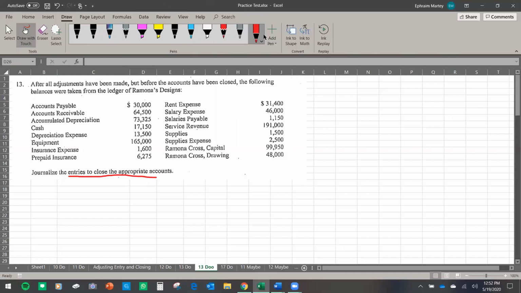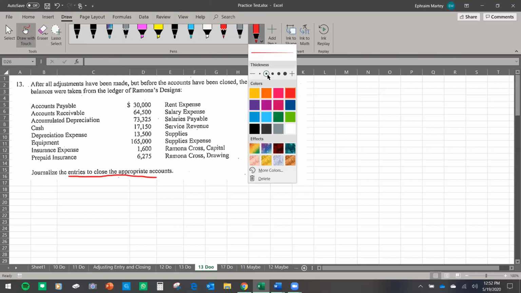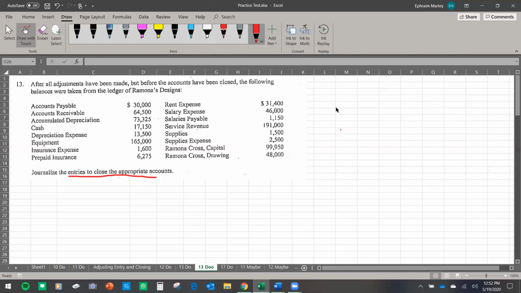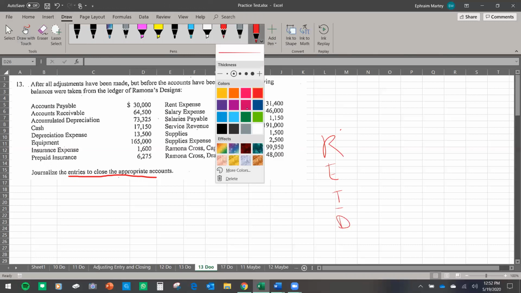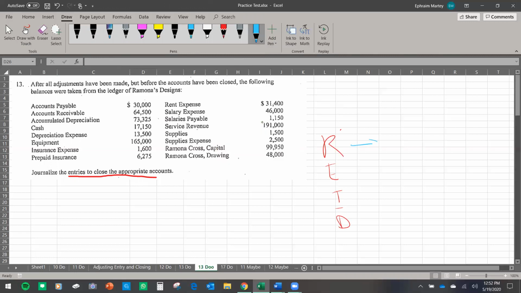Now, do you remember what I told you from the beginning? How to close it? You close it by beginning with what we call R-E-I-D. Revenue, you close to income summary.